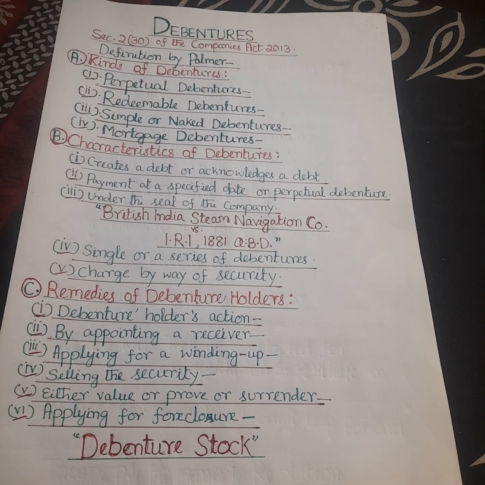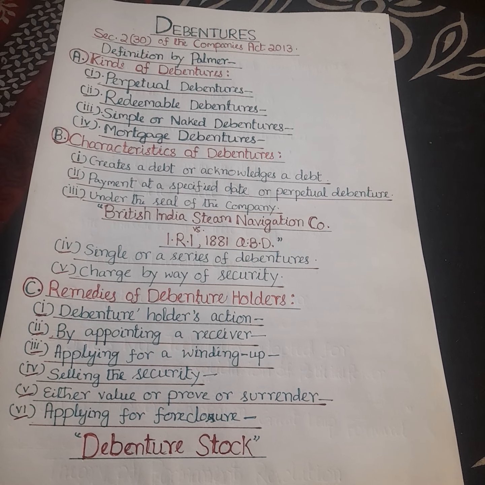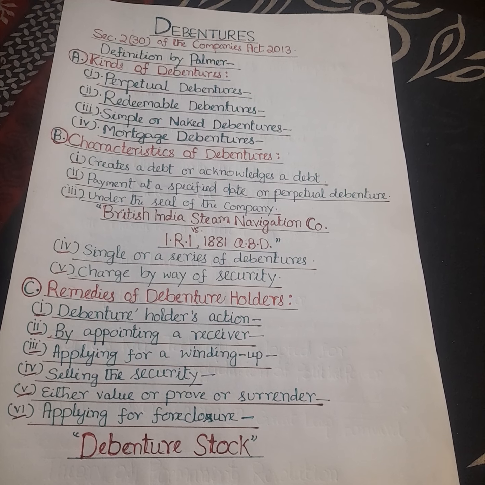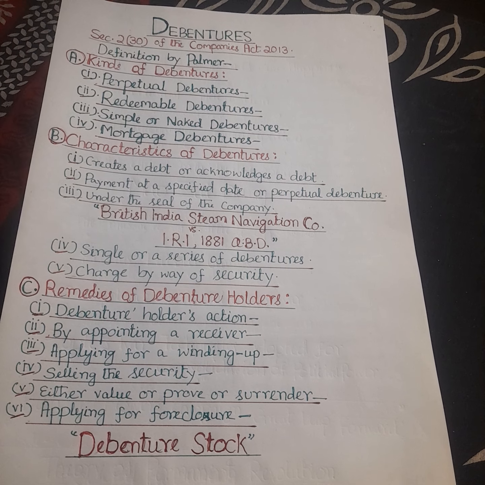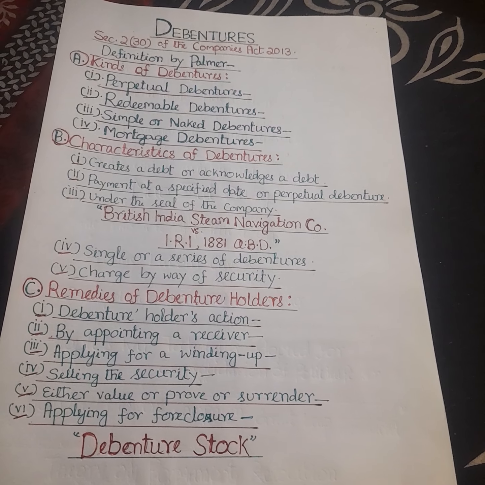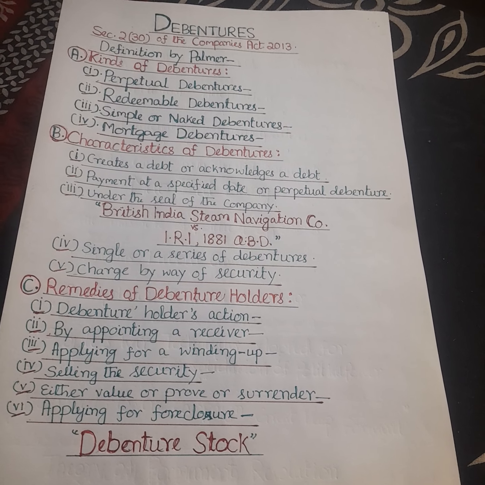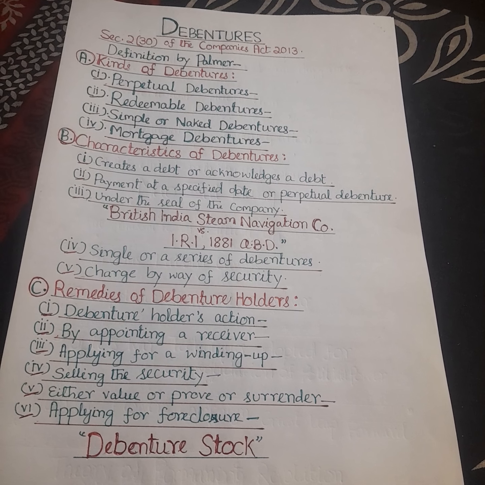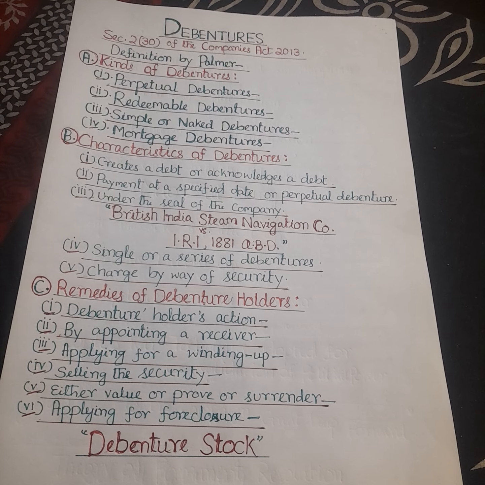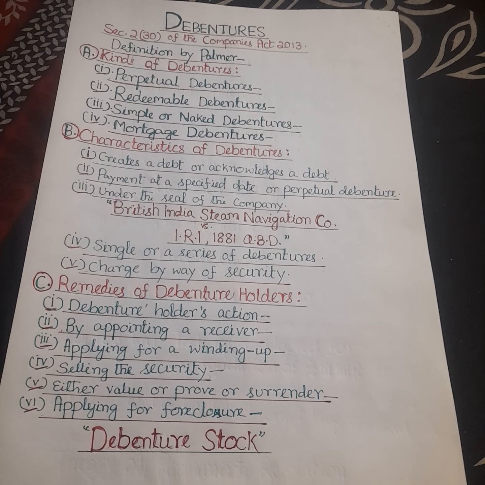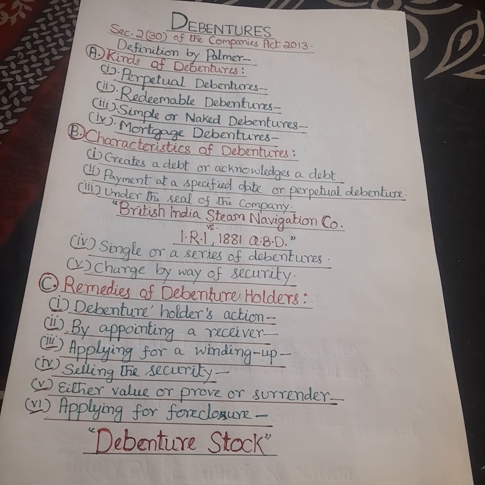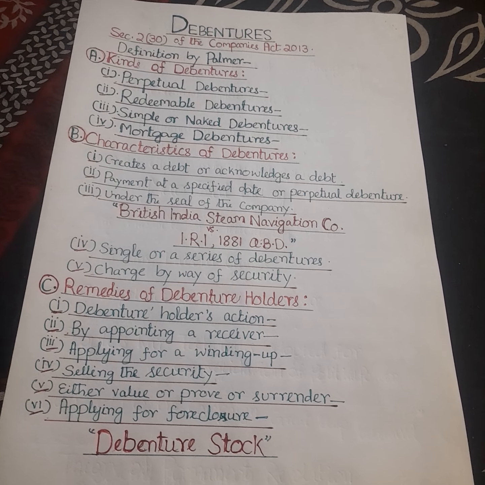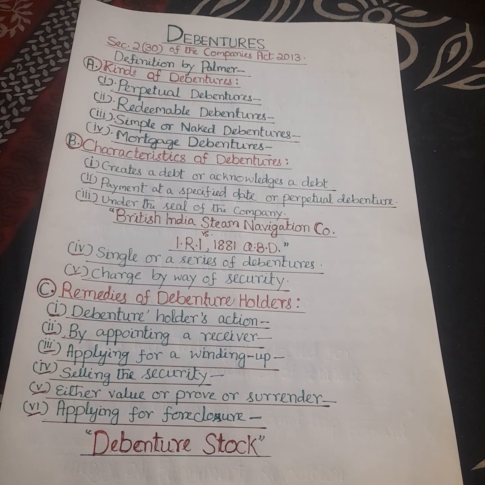Debenture includes debenture stock, bonds, and any other instrument of a company evidencing a debt, whether constituting a charge on the assets of the company or not, as it is defined under Section 2, subsection 30 of the Companies Act 2013.